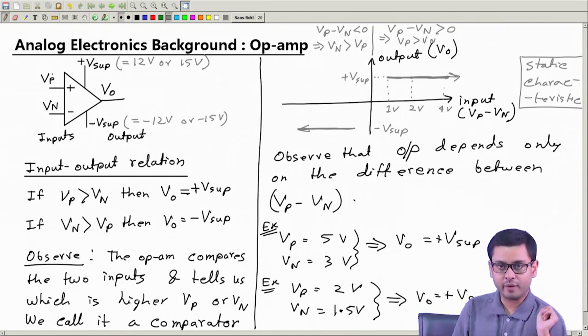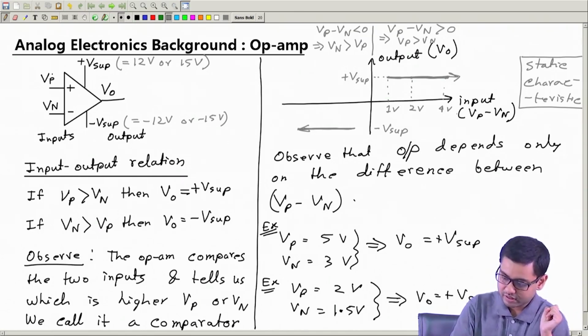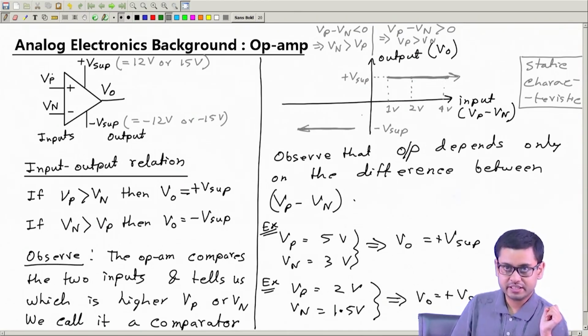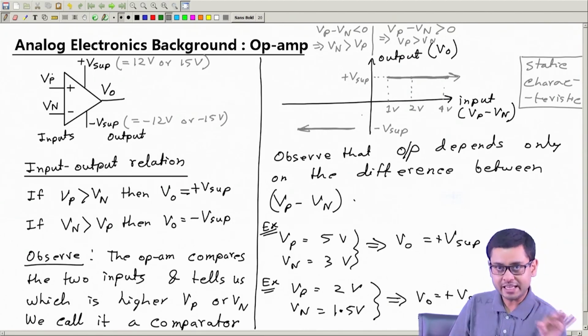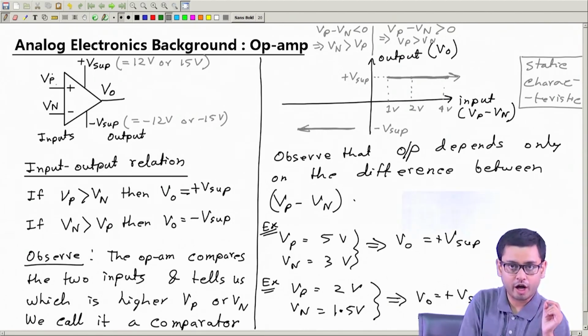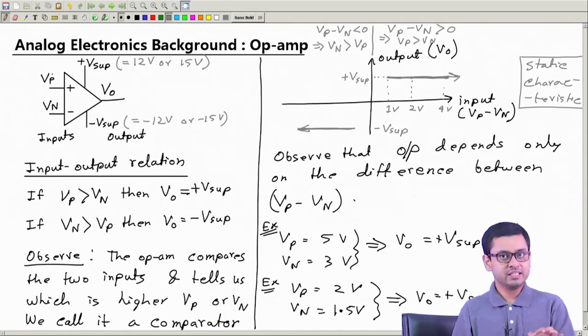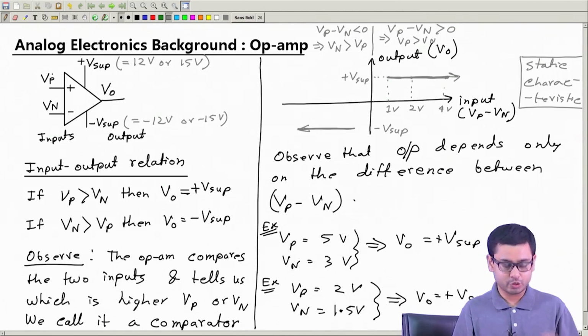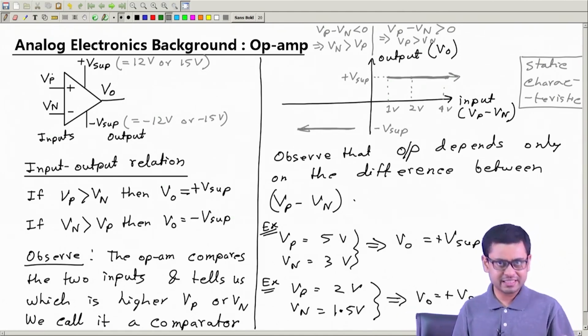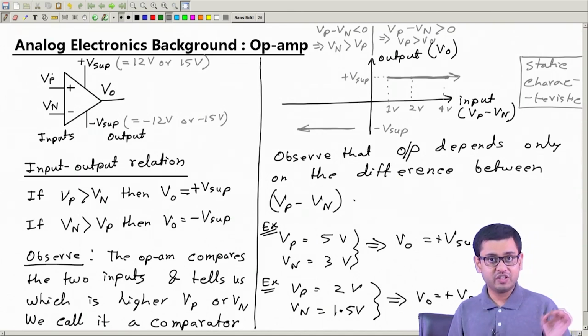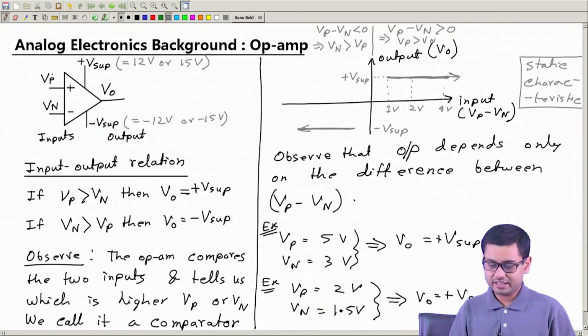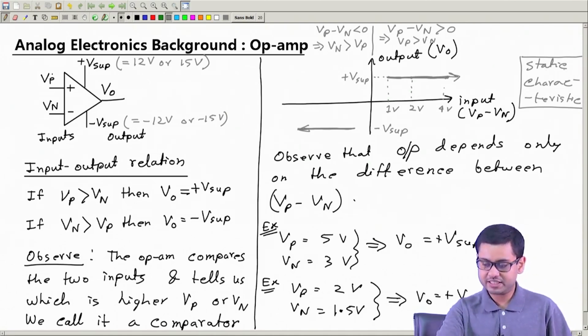Just to say in one line, because the input-output relationship is strictly true only if the input or output is not changing with time. But if input or output is changing with time, particularly if they are changing very fast, then the input-output relationship doesn't follow this pattern or this rule. So that's why we call it static characteristic.